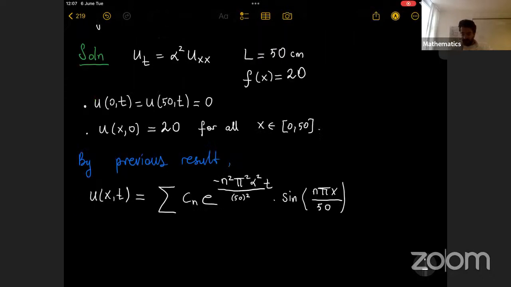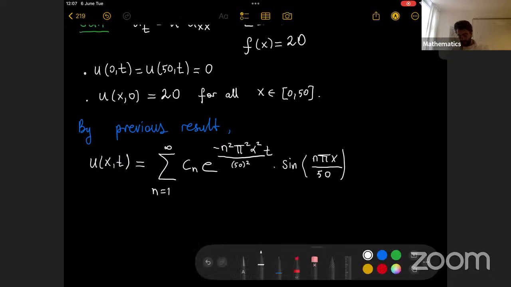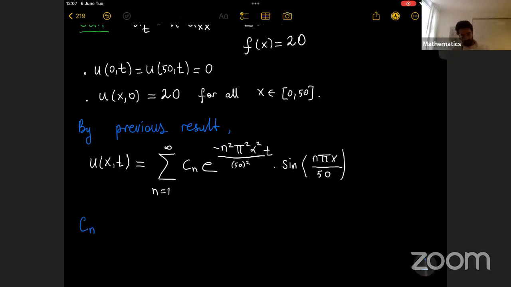We need to find C_n here. And remember, C_n was the Fourier sine coefficients.